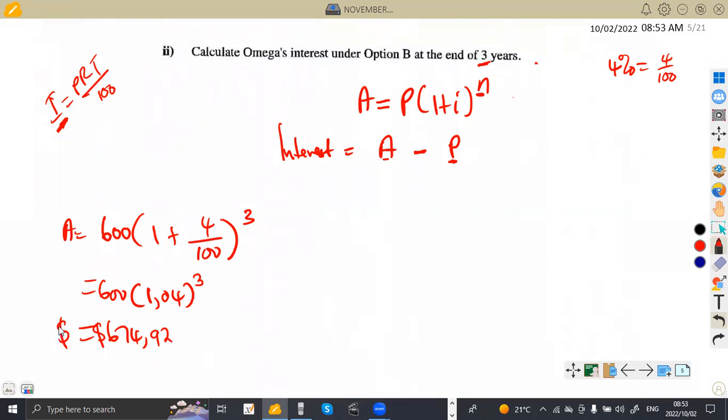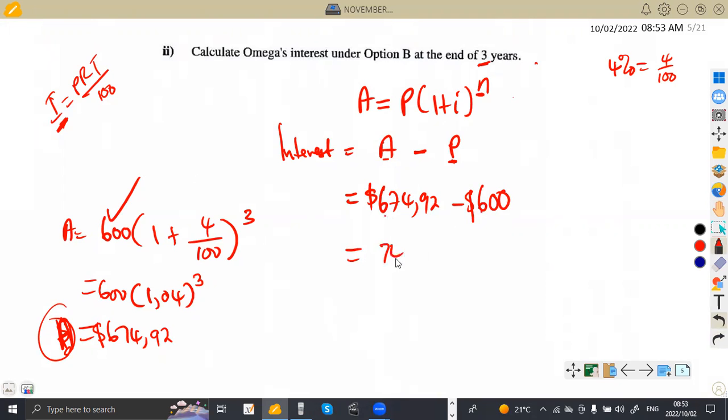This is the total amount after the investment. Therefore, the interest is that total amount of 674.92 minus the principal, the amount that she invested, $600. As you can see, 6 and 6 cancel. Here it is going to be $74.92. So this becomes the interest. All right, so that was it, guys. Let us cross-check the other part of the question.